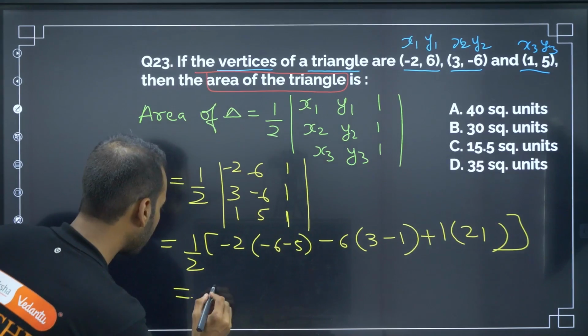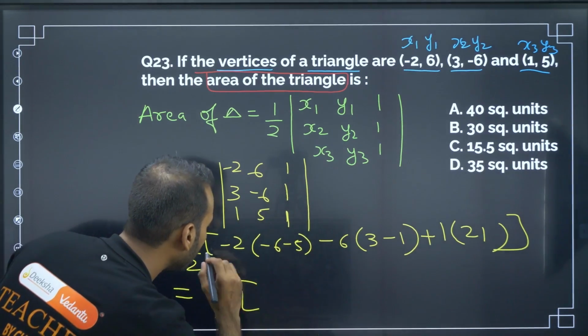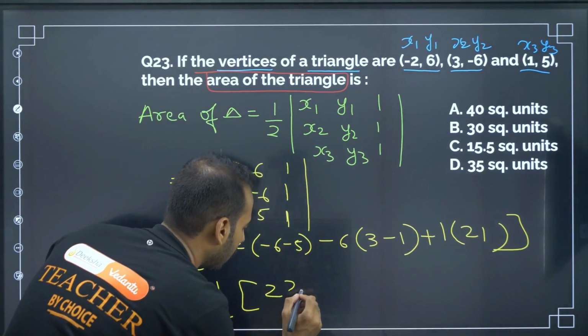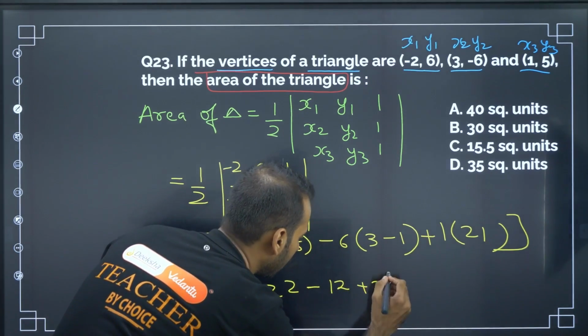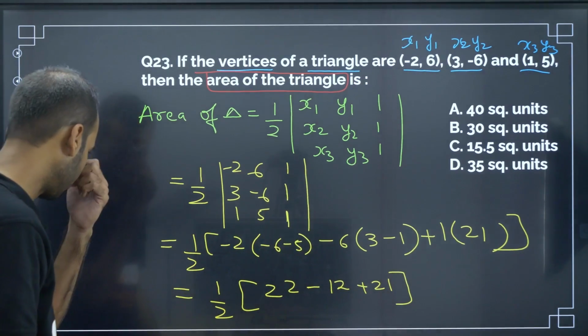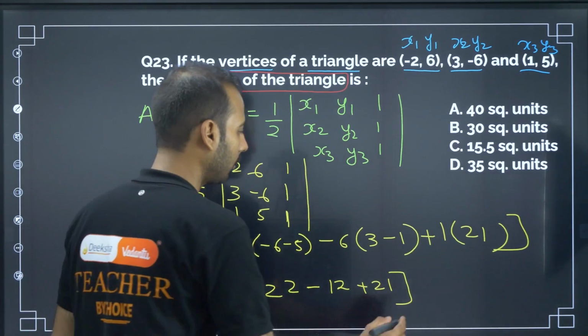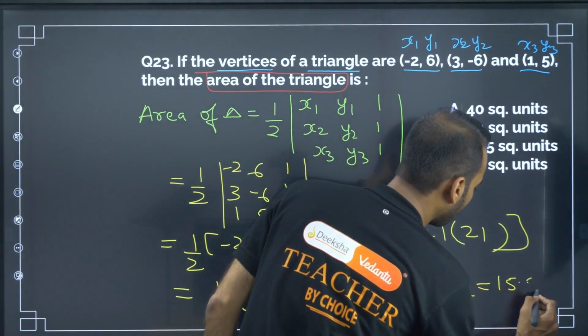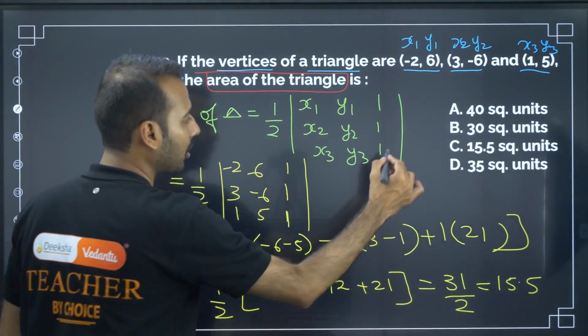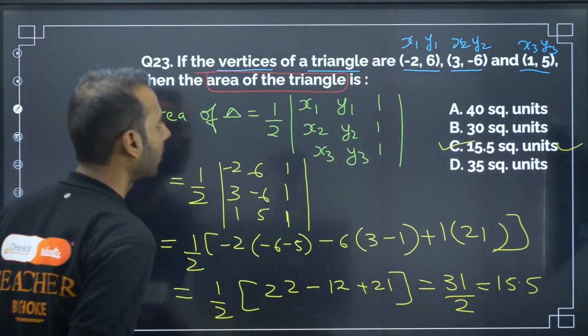Now if I simplify this, 1 by 2, 11 22 minus 12 plus 21, so this is 43 minus 12, 31 by 2 is equal to 15.5 square units. Is there any such option? Yes, C is the answer.